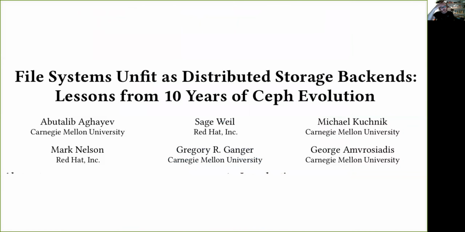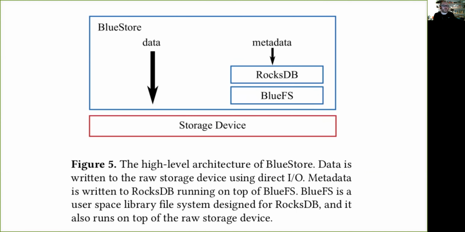And there's the Ceph people towards the tail end of last year, one of my favorite papers of last year, did an exploration of using local file systems as the target storage for distributed file systems, and why that's not a good idea. Their answer was to write something that directly consumes storage devices.